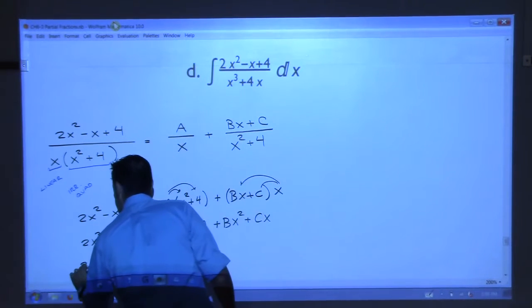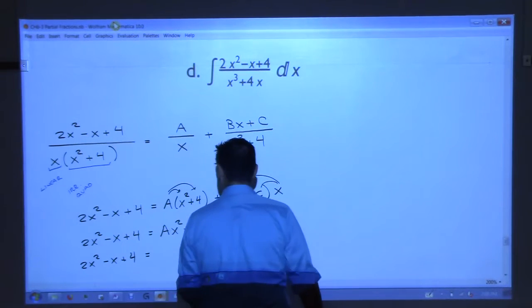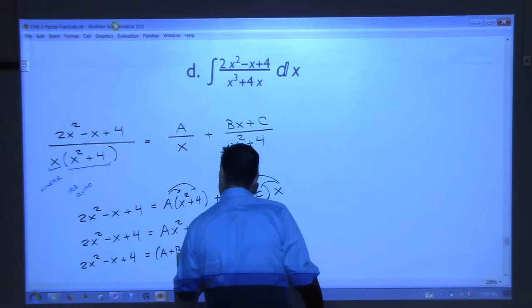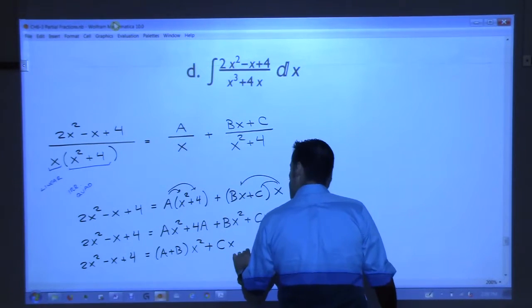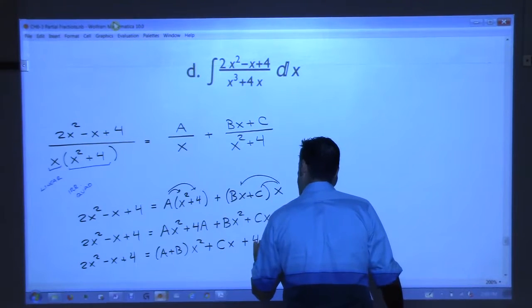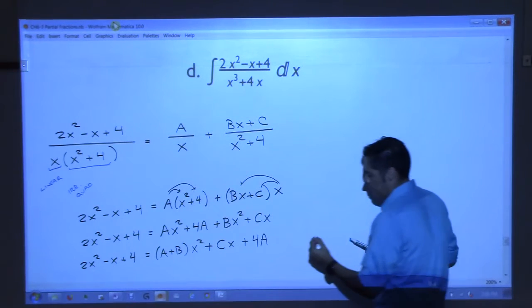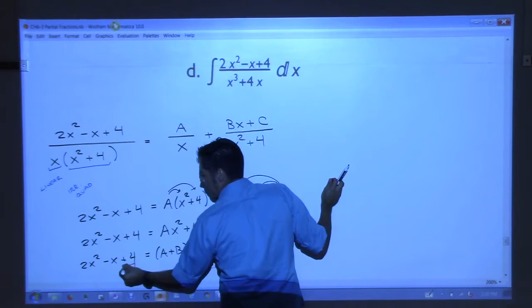Let's see, this is 2x squared minus x plus 4 equals a plus b, x squared, plus cx plus 4a. We could actually get some of these things right now, but you can already see what A is because this has to be 4, doesn't it?